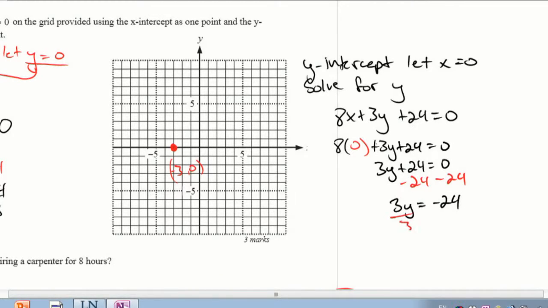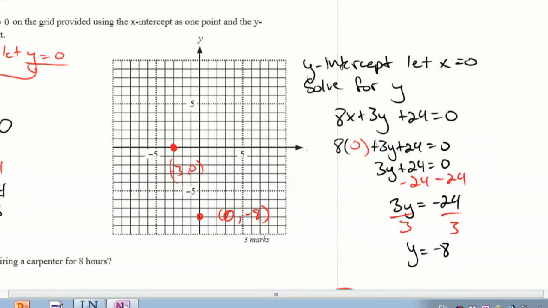I divide both sides by 3. I end up with y is negative 8. So now I plot that point, 5, 6, 7, 8, down here. So this is 0, negative 8. Now I have my 2 points.